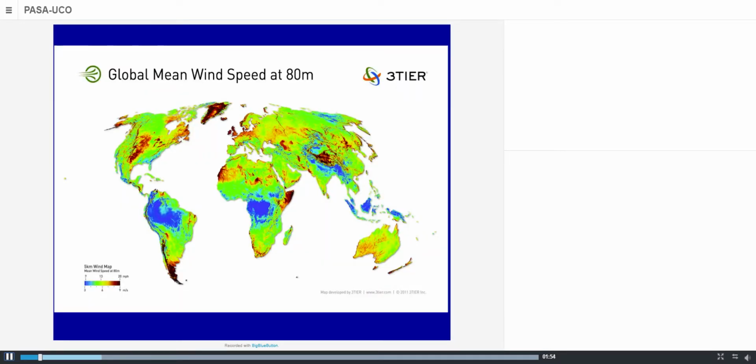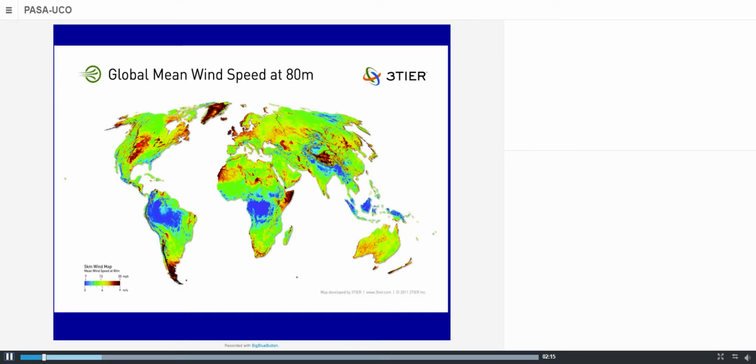Here you see a global map showing with red and darker colors those areas with higher wind speed. We see South America, Argentina and Chile. We see Greenland.